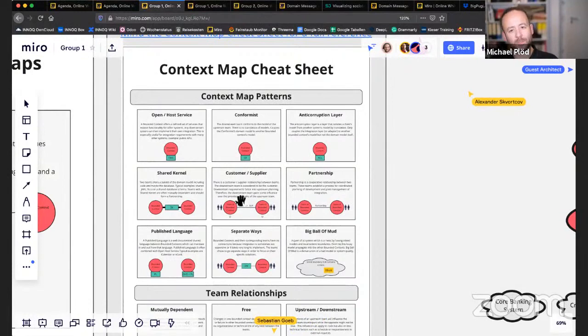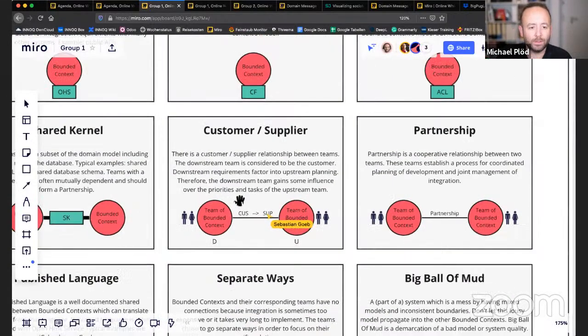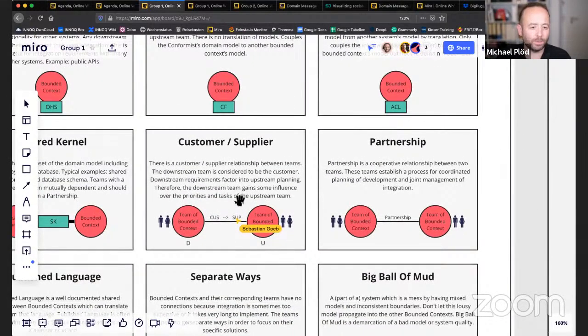Let's start with customer-supplier. Customer-supplier is a plain organizational pattern. So there is a customer-supplier relationship between teams. The downstream team is considered to be the customer. Downstream requirements factor into upstream planning. Therefore, the downstream team gains some influence over the priorities and tasks of the upstream team. Usually, in an upstream-downstream relationship, the downstream team is helpless. They have no power.